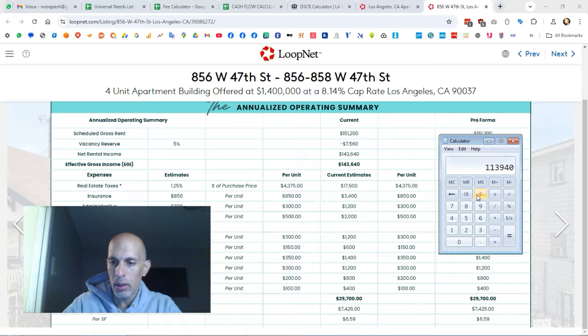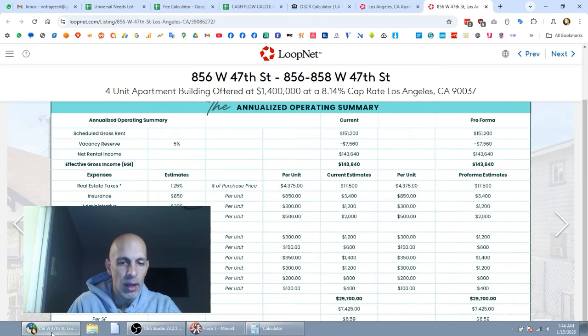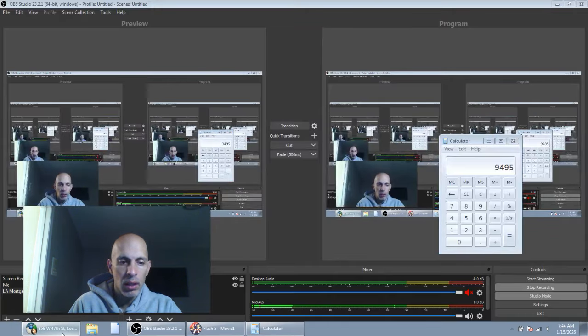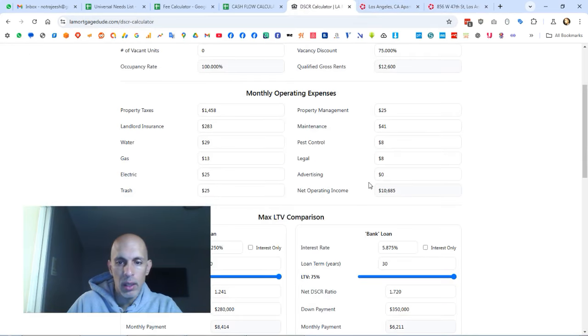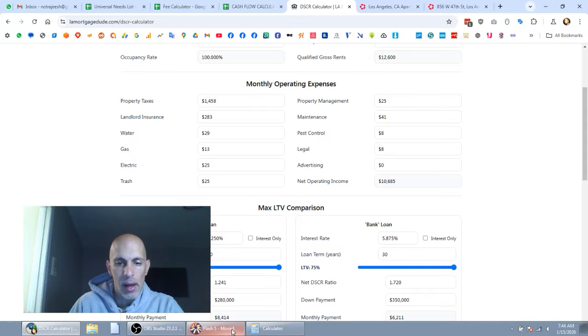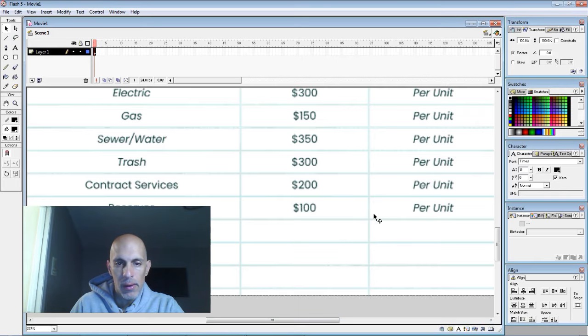That's 113,940 divided by 12. That's 94.95. 94.95 per unit. Whoops. Why do I keep doing that? I'm getting 10,685. How? So let's see here.